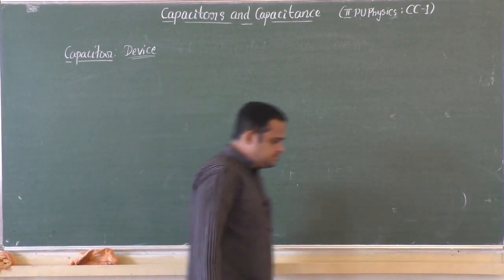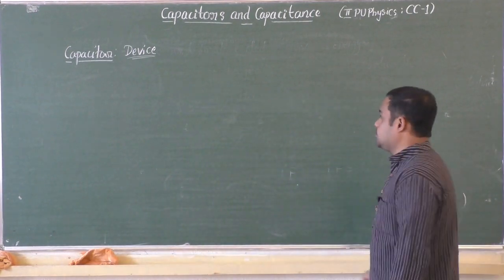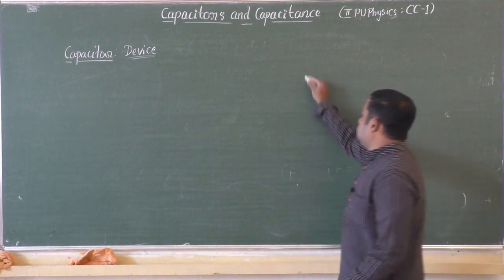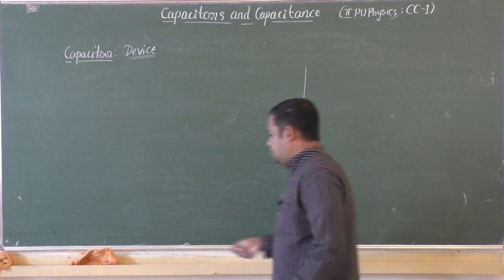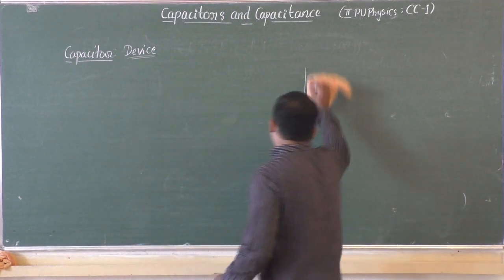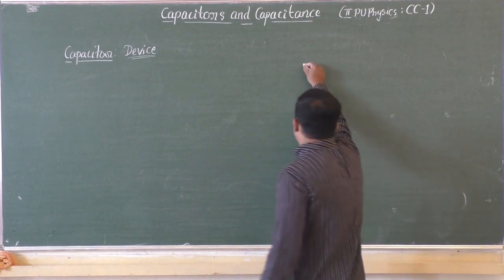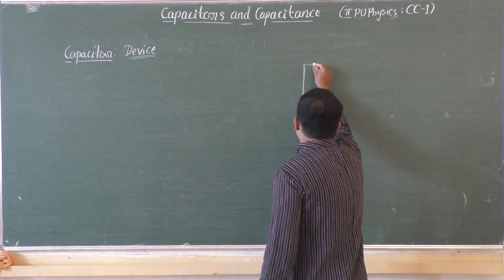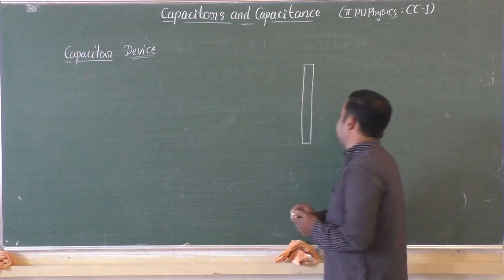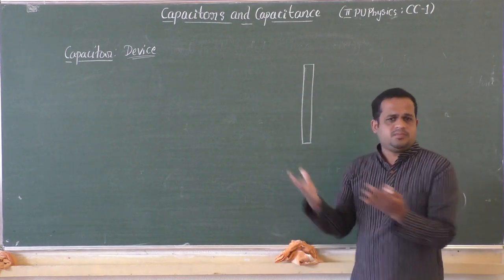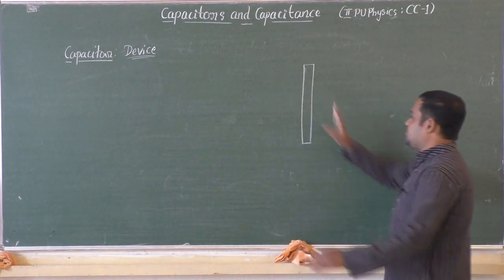Now, consider a conductor, for example, a plane sheet. In the previous case, I considered a spherical conductor. Now, in this case, consider a plane sheet like this. A conductor of any shape, it may be a wire also, no problem. Totally, it is a conductor.